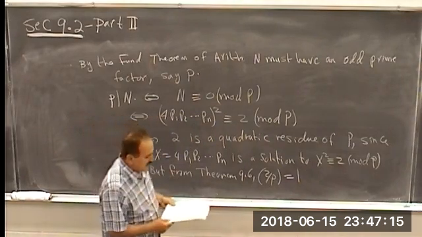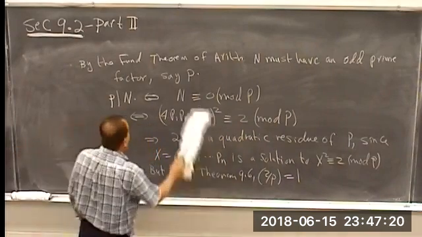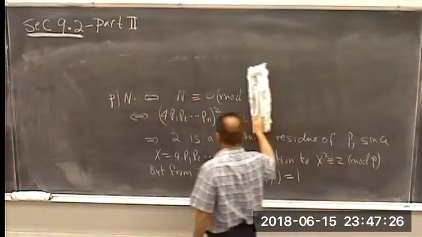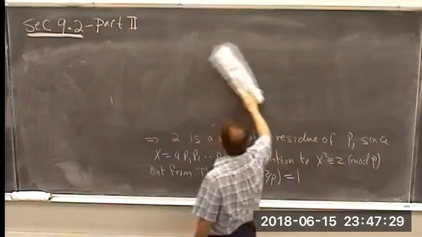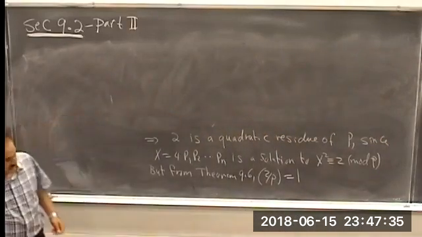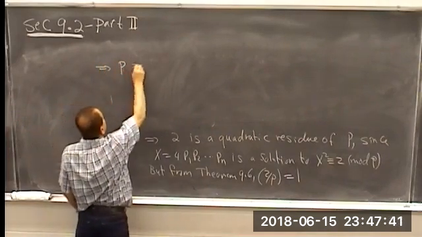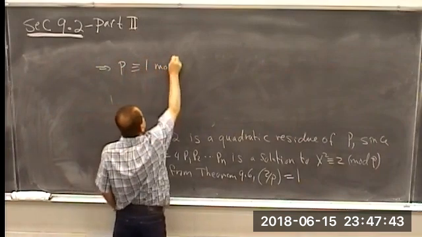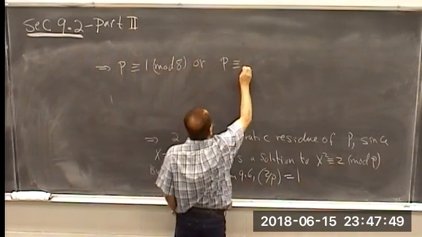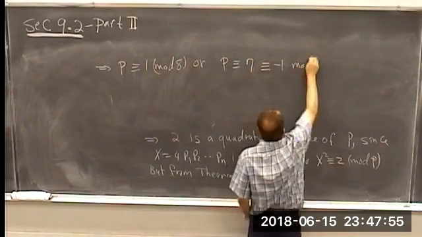Now let's look at the type of P that gives me 1. Again, from the same theorem, this implies that P is congruent to 1 mod 8, or P is congruent to 7, which is also congruent to negative 1 mod 8.